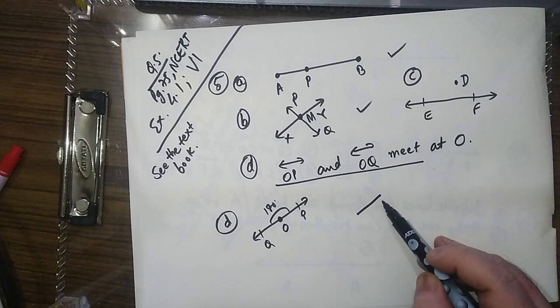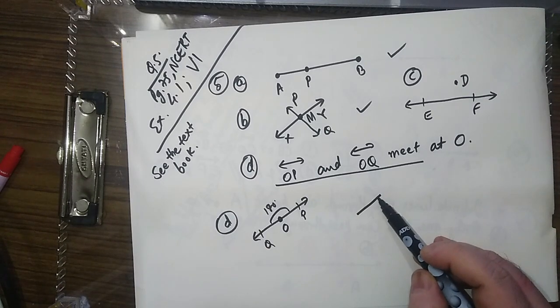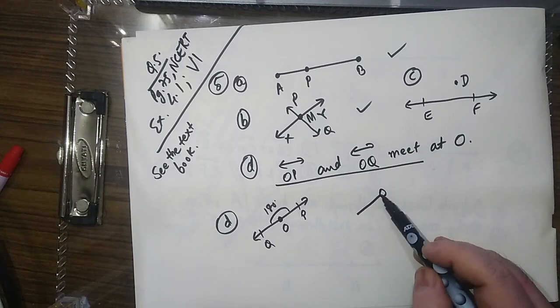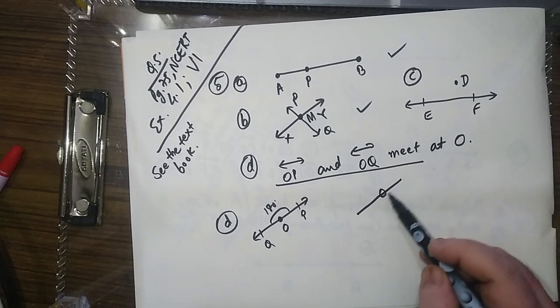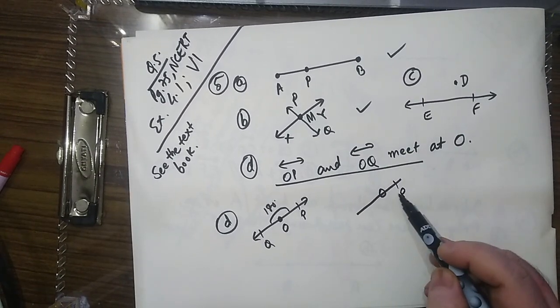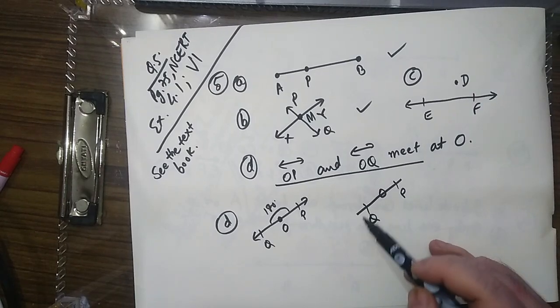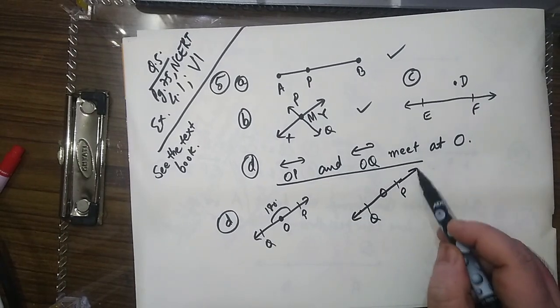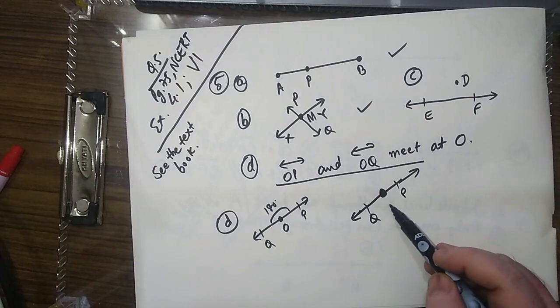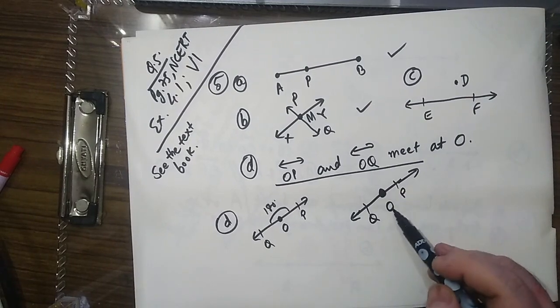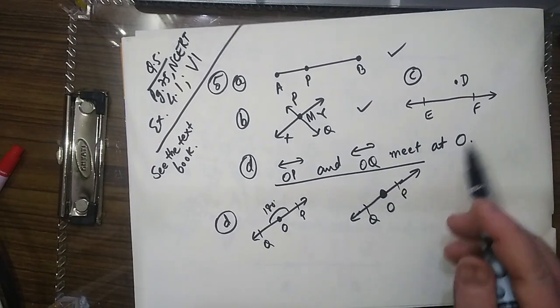Line OP and OQ, let this be O, meeting at O. Now this cannot be angular.